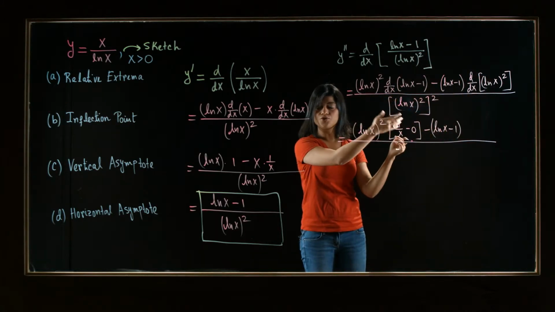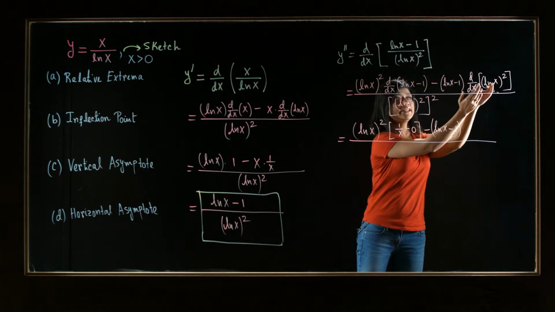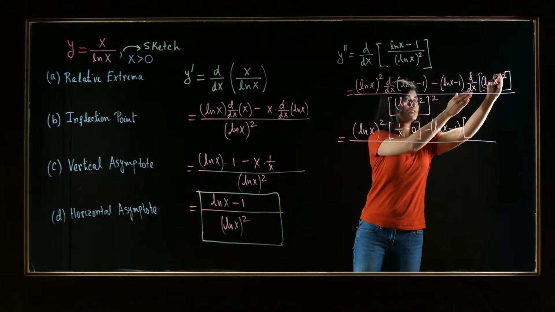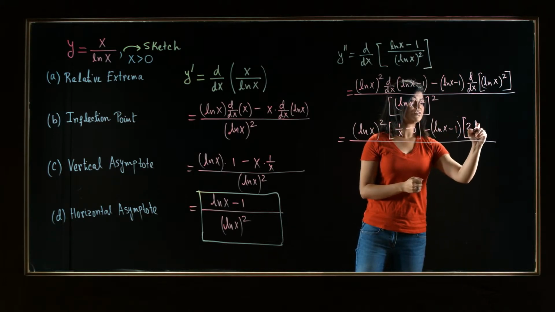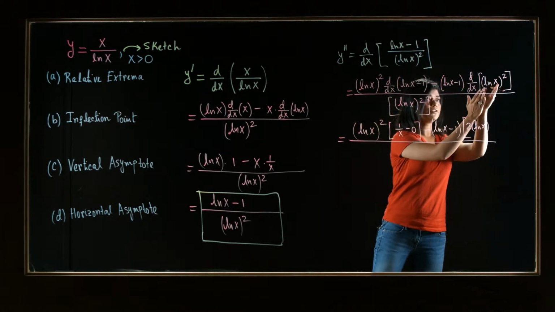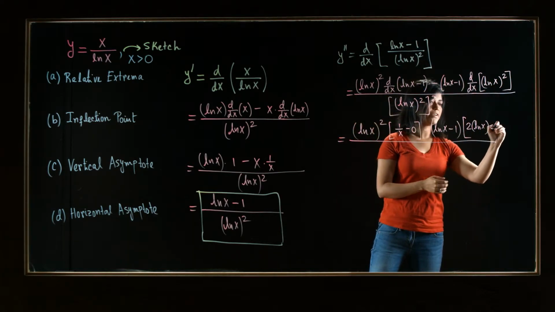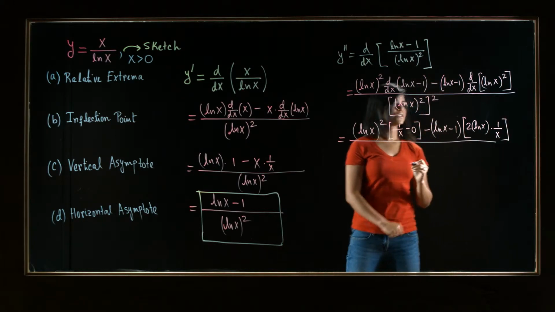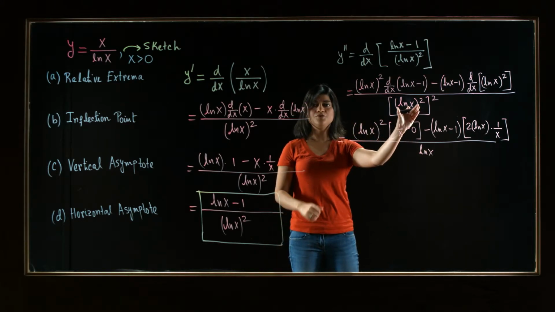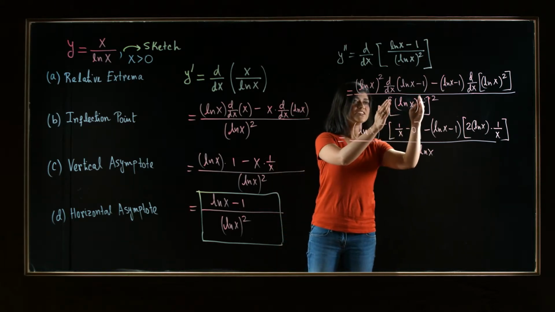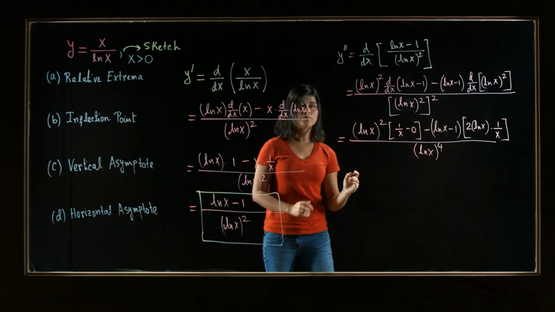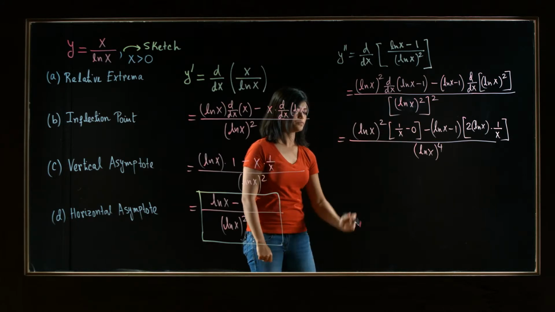So you have to apply chain rule: first power rule, and then you take the derivative of the inside function. Power rule will tell you it's 2 times natural log of x, and then because of chain rule, you take the derivative of the inner function as well, which is natural log of x, and the derivative is 1 over x. Now the denominator, you can simplify by using the property that something squared and then squared again is nothing but to the power 4, because you multiply the two 2's.